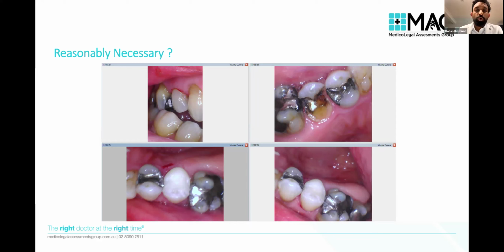However, we quite often will see that the treatment plan will be, again, for a post-core crown or crown lengthening and a crown, or something that is in the order of thousands of dollars for an ideal treatment that is probably not reasonably necessary, because the tooth doesn't need that level of functional integrity and strength.